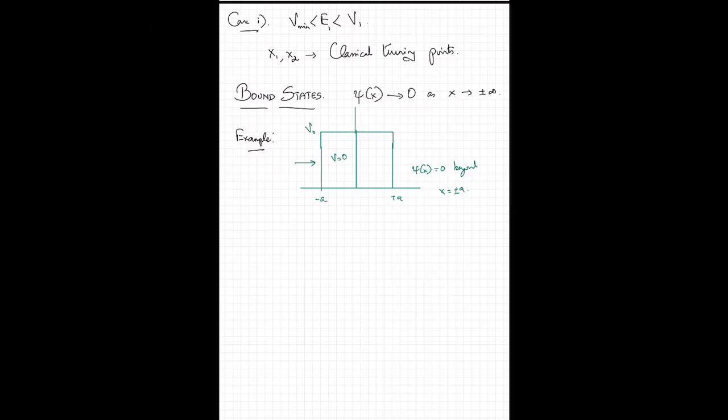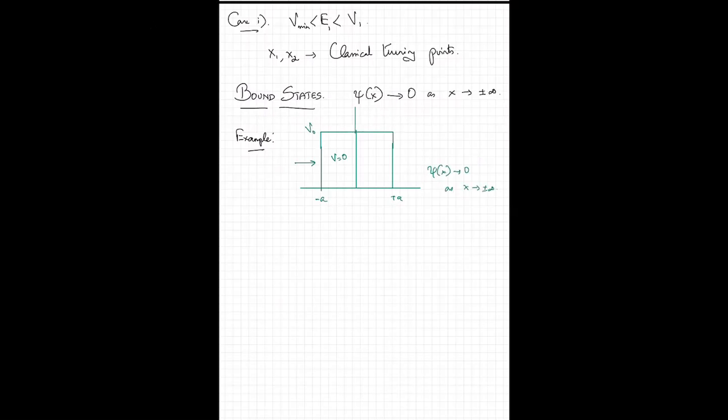But even for this case, for example, psi of x would still be equal to 0 if I try to find the particle at x is equal to plus minus infinity. So let's write it differently. So even for this, psi of x would go to 0 as x goes to plus minus infinity.